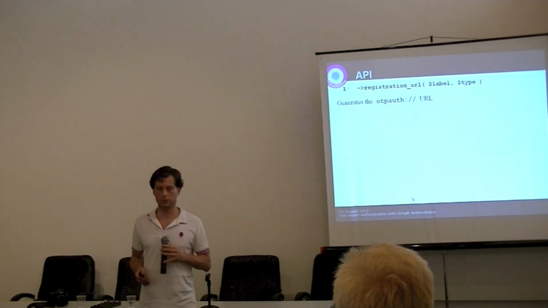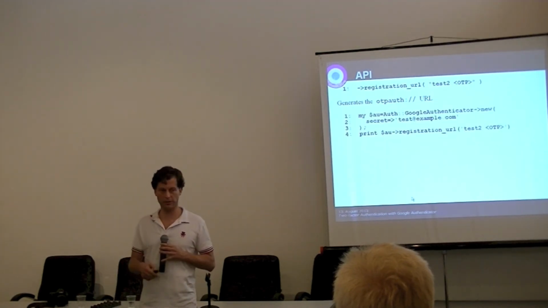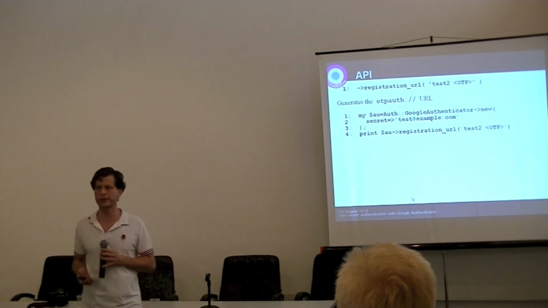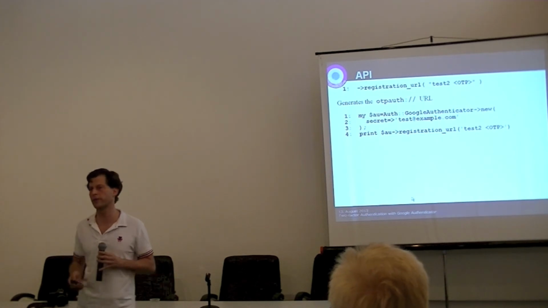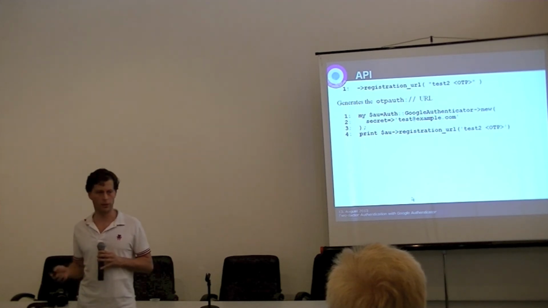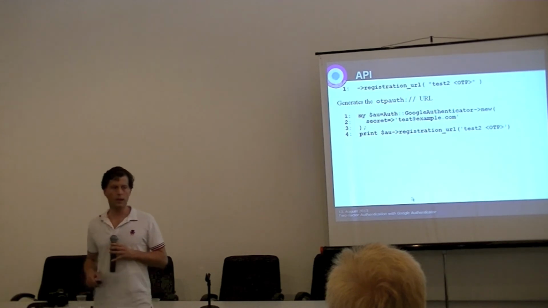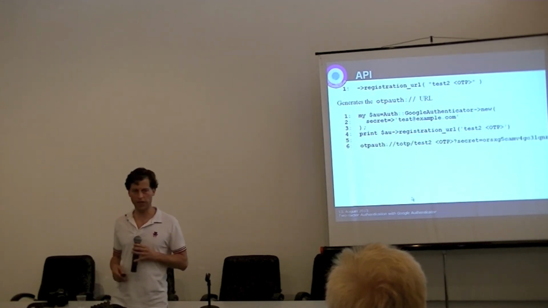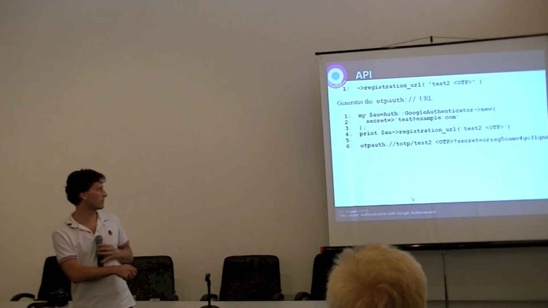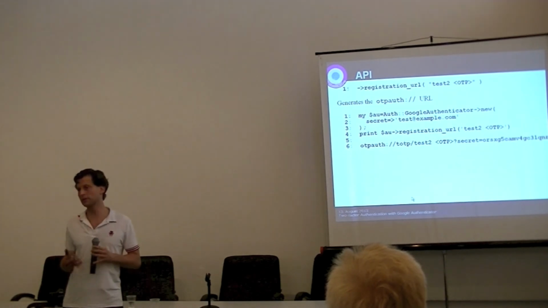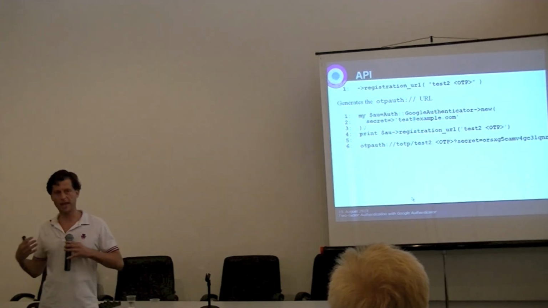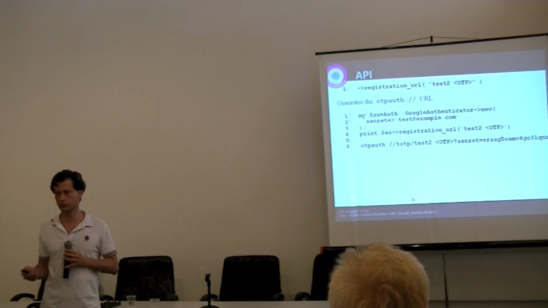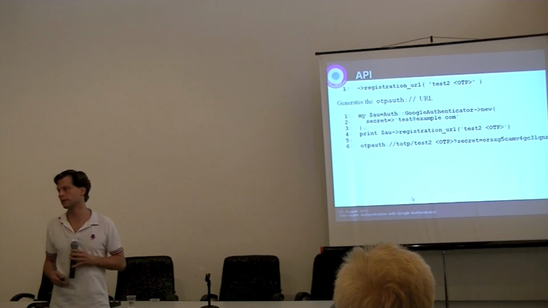The registration URL function generates this OTP auth URL, and these URLs are what make Google Authenticator work together with the camera to recognize that this is a picture for storing. It generates a URL of this type, otpauth, then totp for the time-based OTP algorithm, then the name that the user will see on screen, and as a parameter, the shared secret.